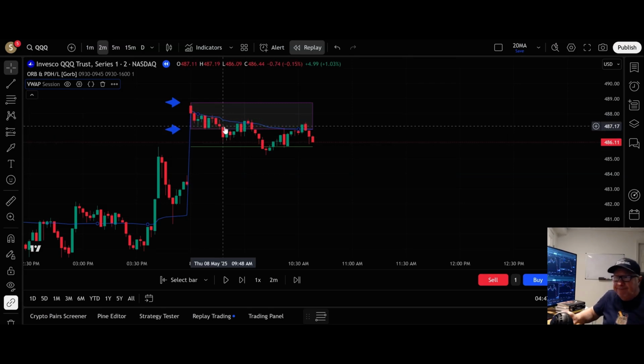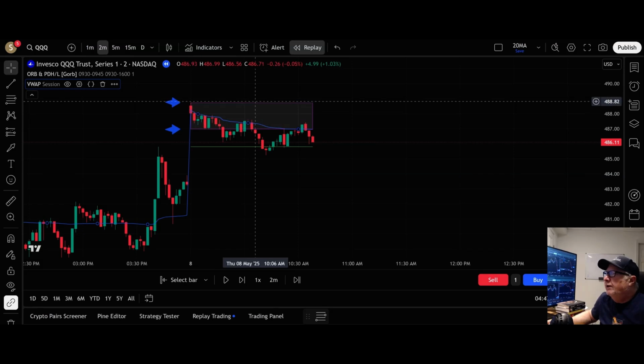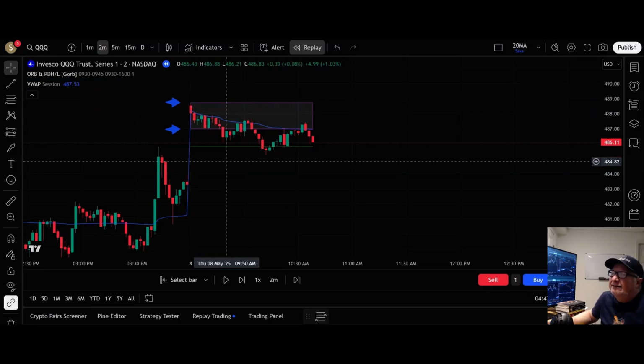And just the opposite, if it would have been a break above this first 15-minute opening range, then you would only go long if we're above VWAP at the time that the stock or ETF breaks higher. So that's just something you can do if you want for confirmation.